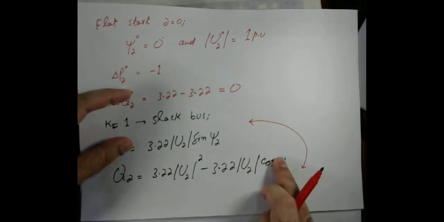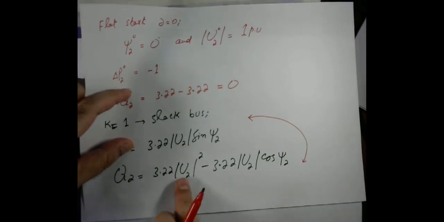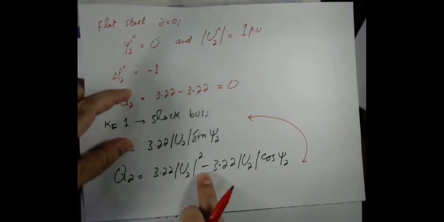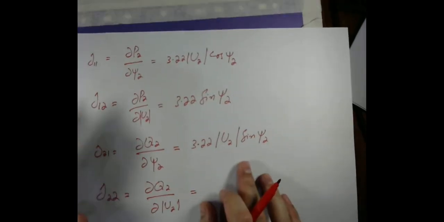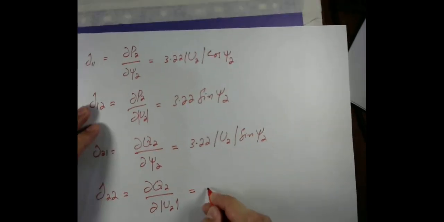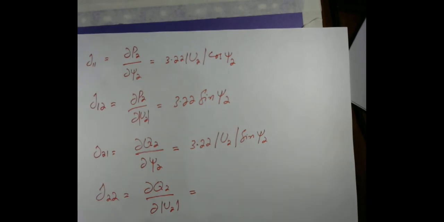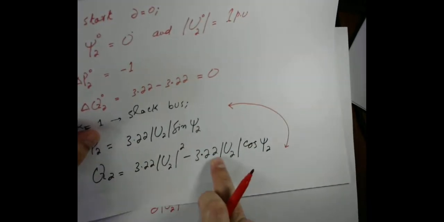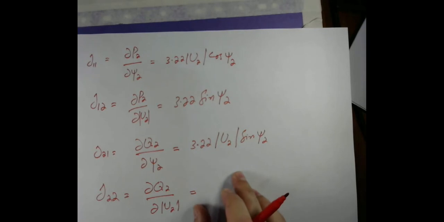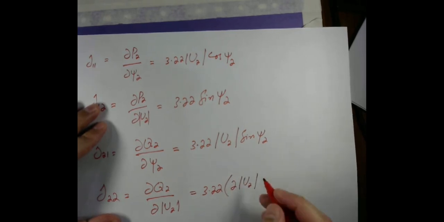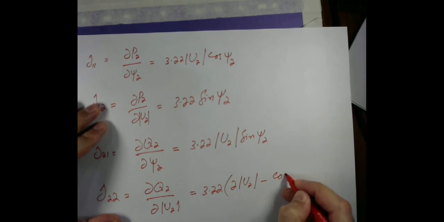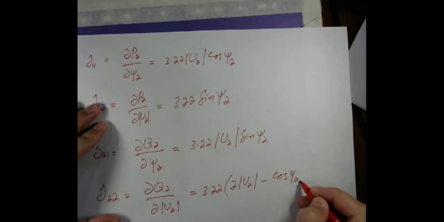Let me take the derivative of this expression with respect to u2. 3.22 is common as it is appearing in both the terms, so we can take it common. So that will become 3.22 times 2 u2, as it was the square of the u2, minus cos of psi 2.